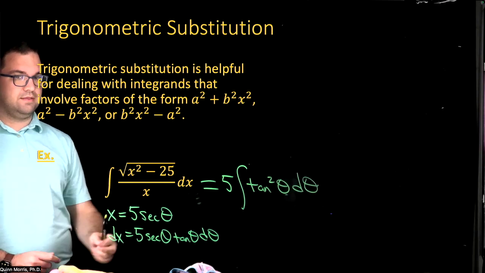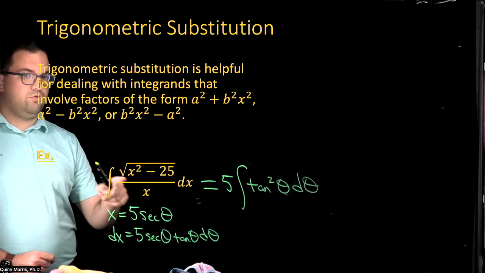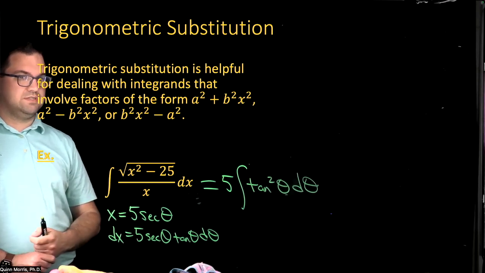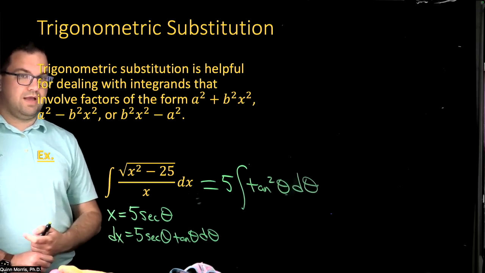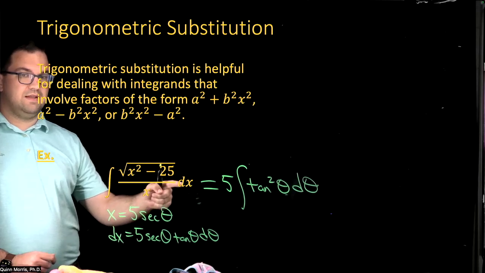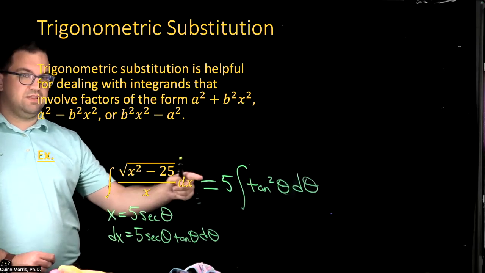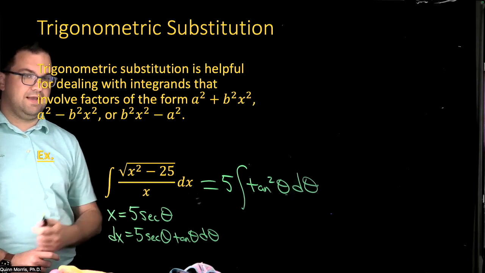You should be able to check this. Essentially, you plug in here, this whole expression in the numerator is going to simplify to 5 tangent of theta. In the denominator, you're going to have a 5 secant of theta. And then over here, you're going to have a 5 secant theta tangent theta. And so the 5 secant thetas are going to cancel, and you're going to just be left with a 5 tangent theta and then another tangent theta hanging out over here.